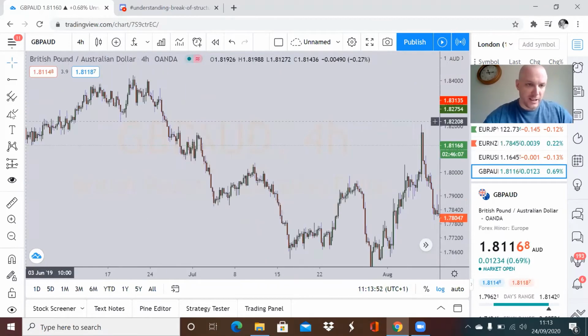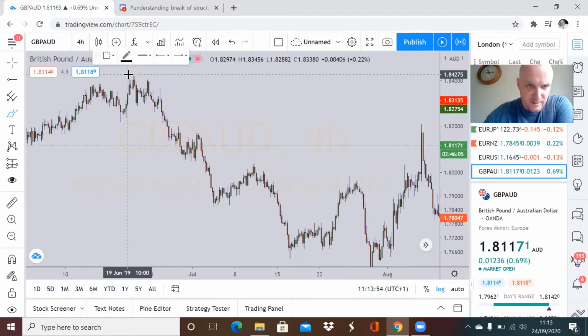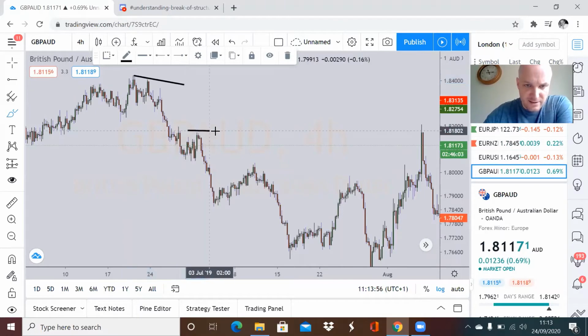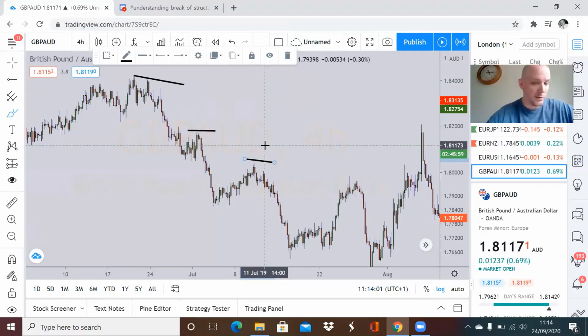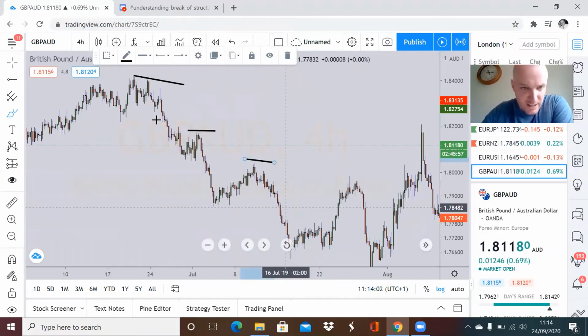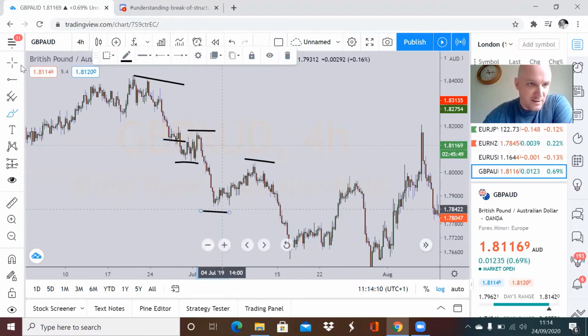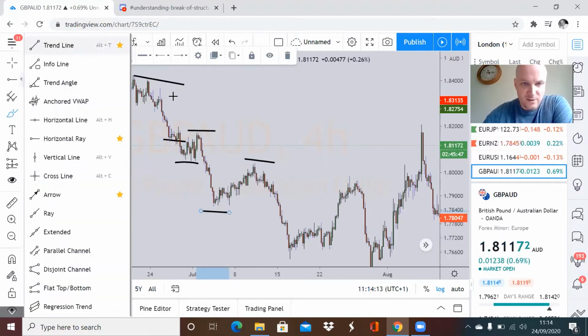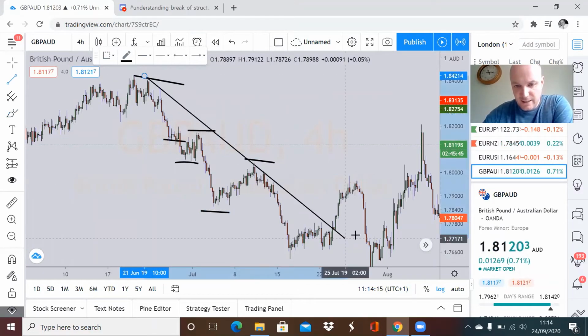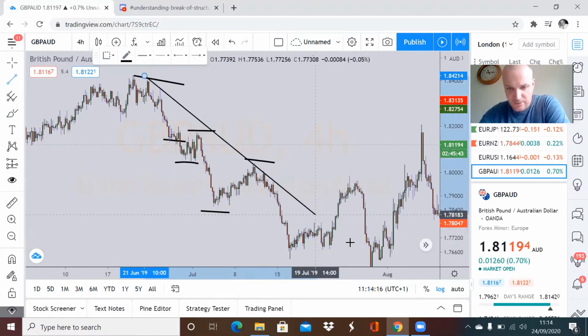We spoke earlier about areas like this, okay? You're creating lower highs, okay? And on the corrections here, you have got lower lows, okay? You can clearly see from here, we are in a downtrend, okay?